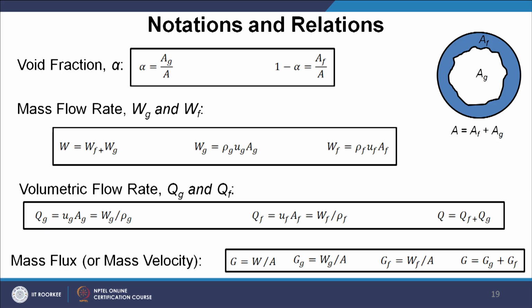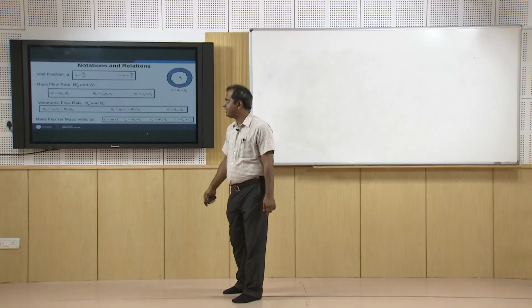Now, Gg, for the gaseous phase, mass velocity is Wg by A. Similarly, for the liquid phase, Wf by A equals Gf. So, adding these two, the total mass velocity G is actually Gg plus Gf, right.